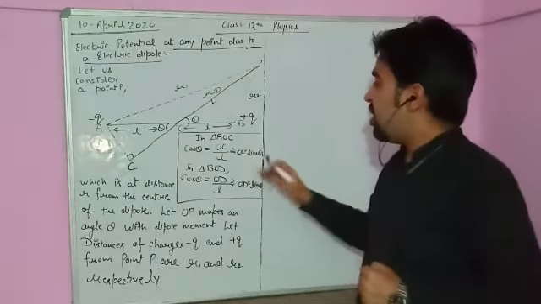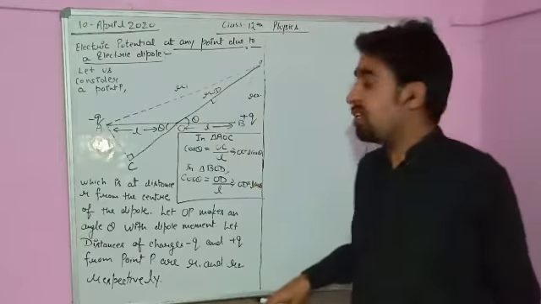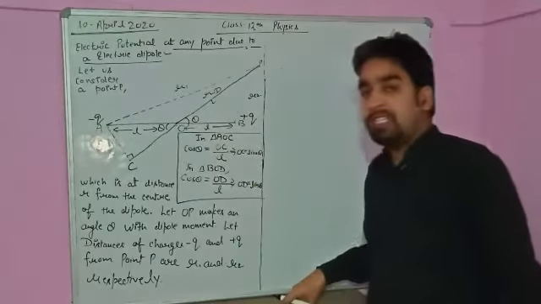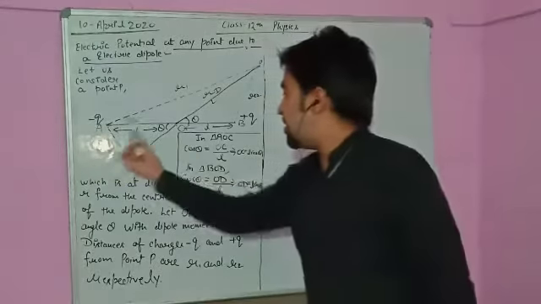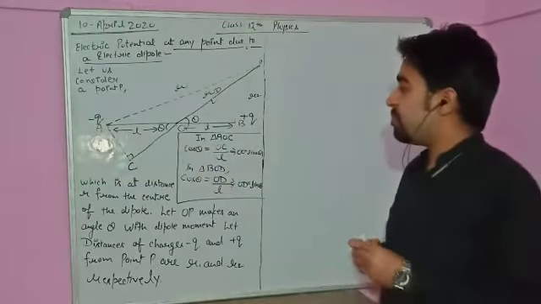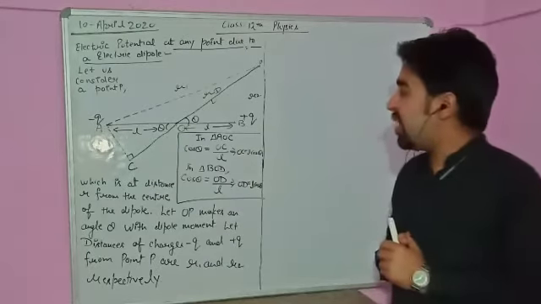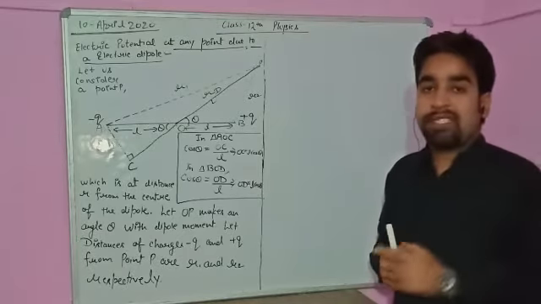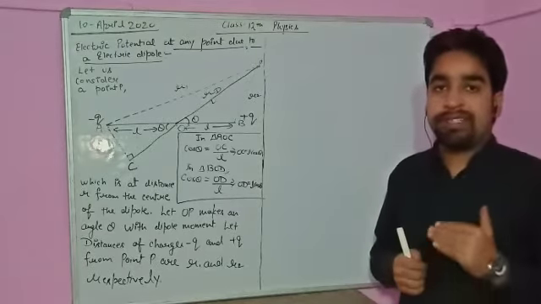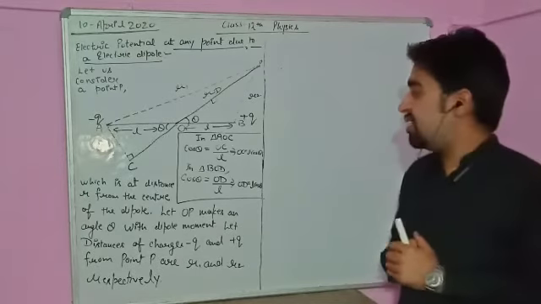Okay, now students, I have considered the angle theta. अब ये theta angle किन दो फिजिकल क्वांटिटीज के बीच में है तो इसको समझते हैं. This is charge minus q, this is charge plus q. So students, जो dipole moment होगा उसकी जो direction होगी वो हमेशा minus q से plus q की ओर होती है. What is dipole moment? That is p is equal to q into 2l, the charge into the distance between the charges.